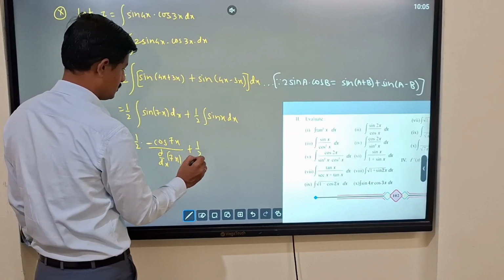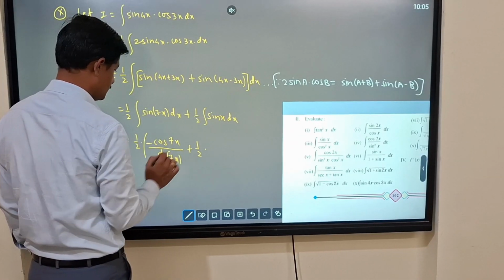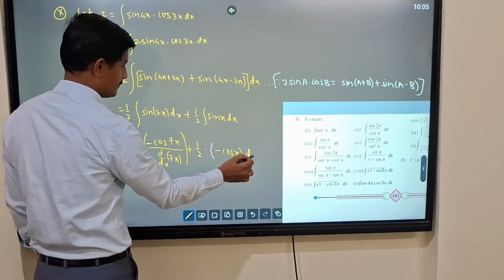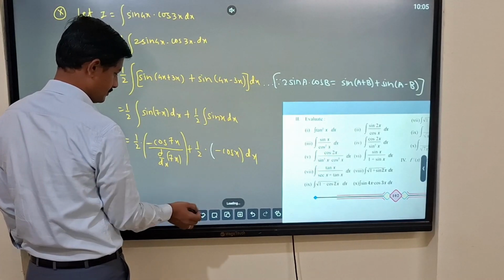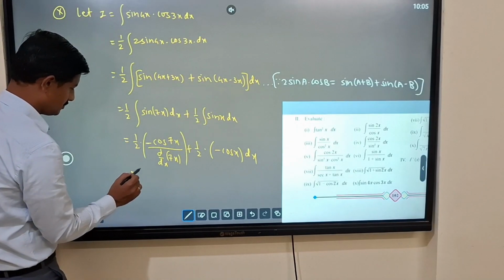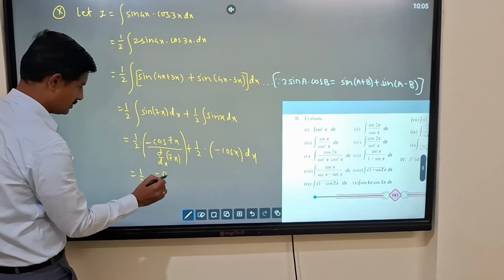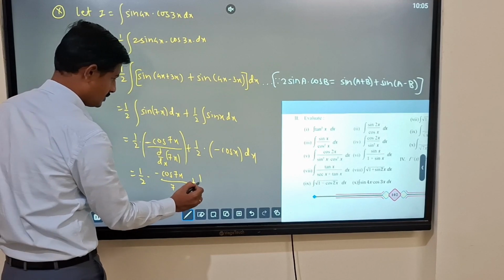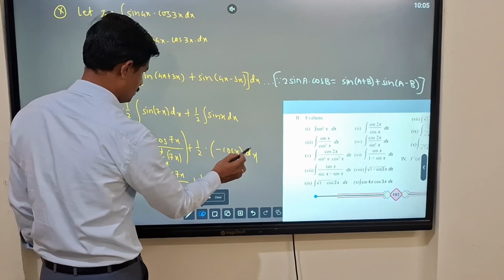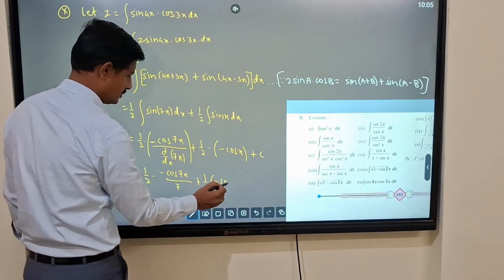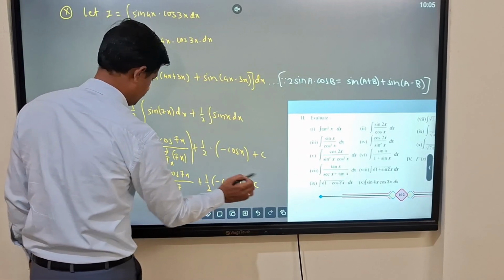Plus 1 by 2 into minus cos x. This becomes 1 by 2 into minus cos 7x by 7, plus 1 by 2 into minus cos x, plus c.